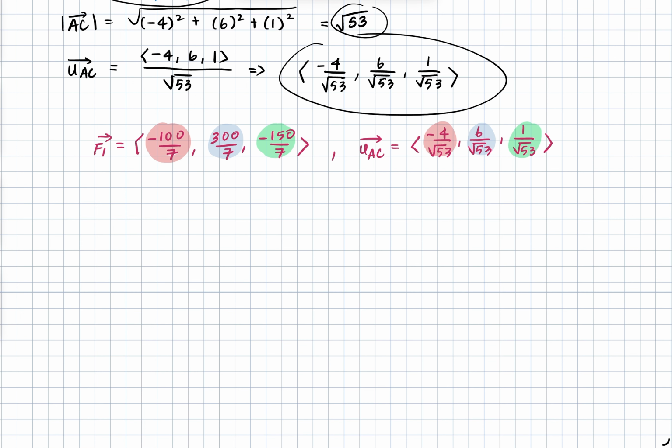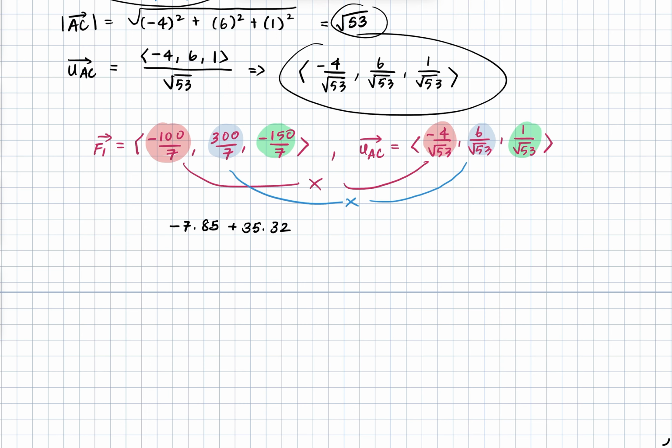So negative 100 over 7 times negative 4 over root 53, I'm going to get an answer which is approximately negative 7.85 plus, I'm going to do the blues, so I'm going to multiply the y components together, so 300 over 7 times 6 over root 53, that's going to give me 35.32.